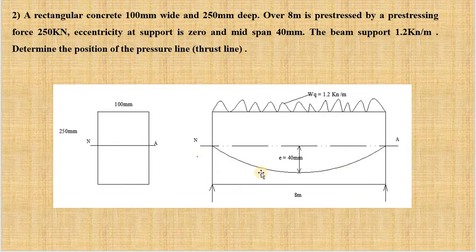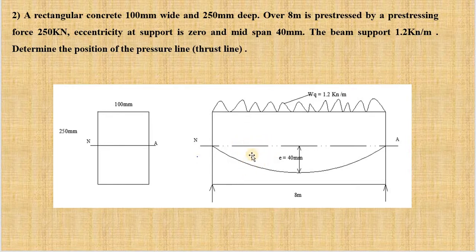The bar is not a straight bar, it is a curved bar. So we don't have any direct formula to locate the pressure line distance or E bar for this curved cable. So what we should do? First we should calculate the distance between the neutral axis and the curved bar at different locations or selected points.